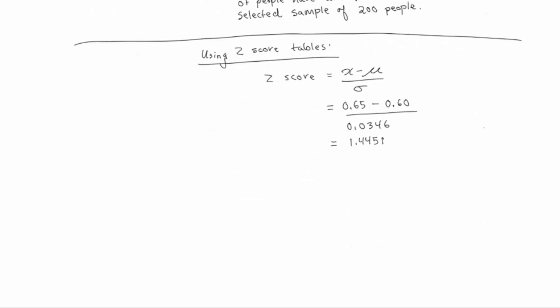So we go into the tables, and in our tables, we get a Z-score of 1.4, and then we read across, and in the tables, it starts with 0.00, 0.01, 0.02, 0.03, 0.04.